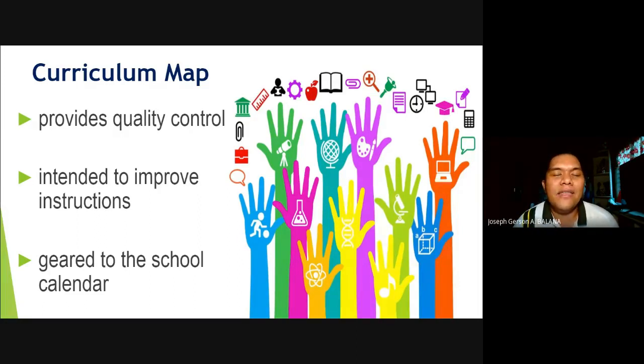We have other events that might hinder the development of classes. Especially now in the new normal, we are struck with a pandemic, so we are adjusting the curriculum to fit our context, as well as the curriculum maps.